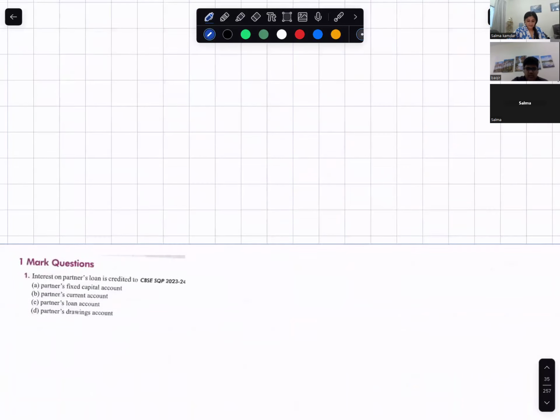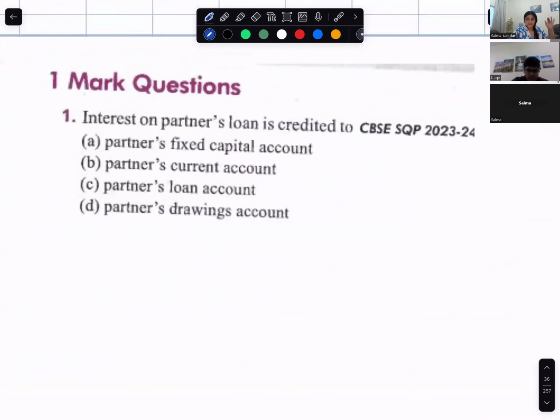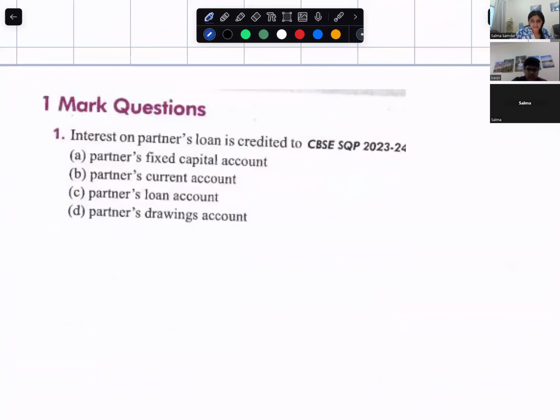Let us take some sums, one markers, and see how we can answer it. Answer this. Interest on partner's loan is credited to which account?